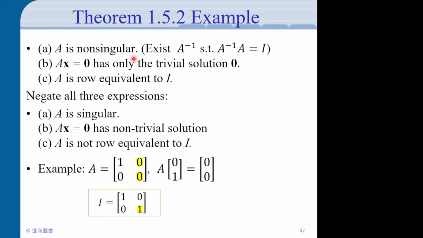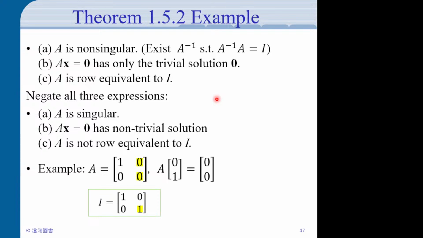In other words, it's non-singular if you can find the inverse. And then we have three equivalent conditions for non-singular. A is non-singular if Ax equal to 0 has a unique solution, that is, only the trivial solution, if and only if A is row equivalent to I, the identity matrix.